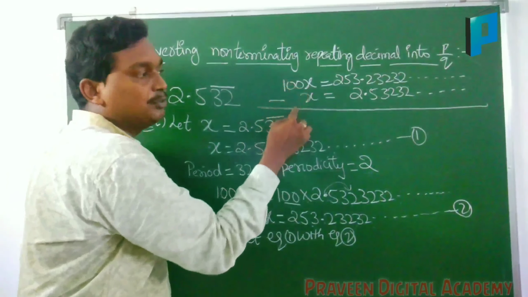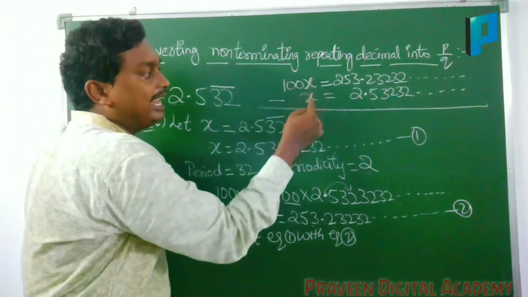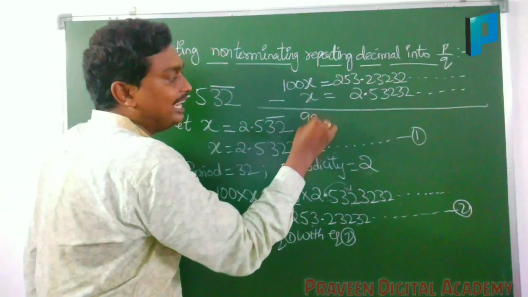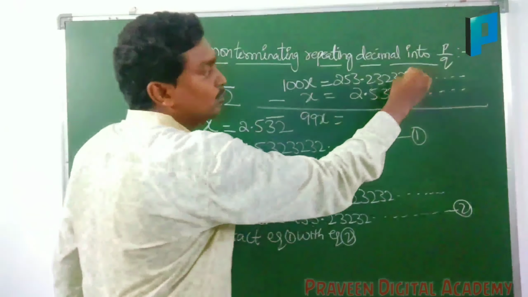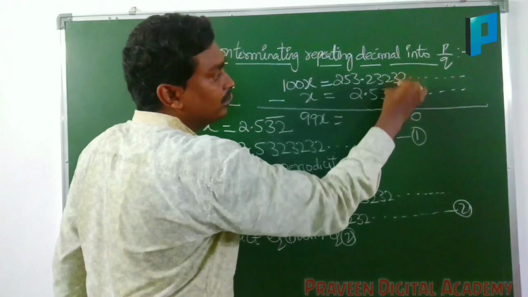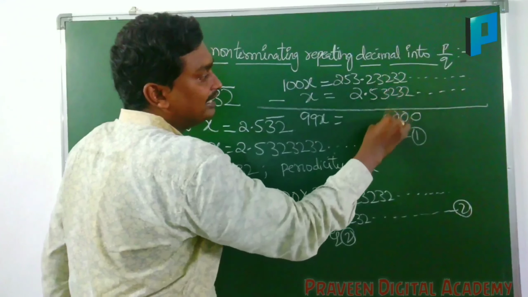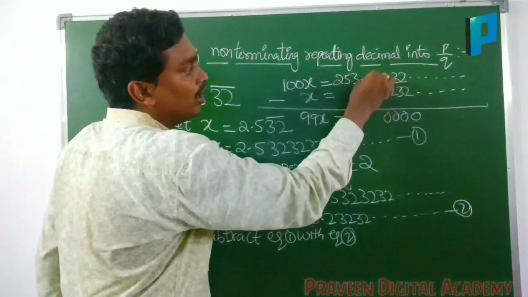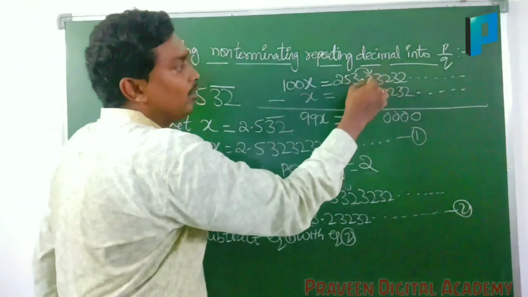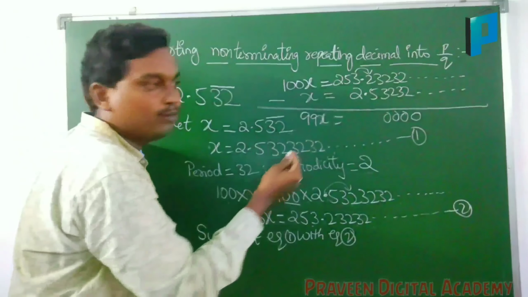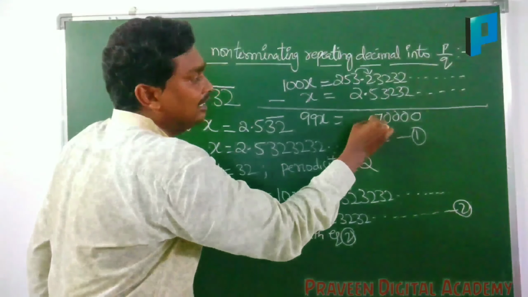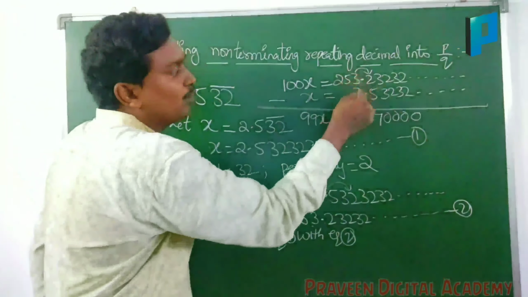Subtract both. 100x minus x is 99x is equal to 2 minus 2, 0. 3 minus 3, 0. 2 minus 2, 0. 3 minus 3, 0. Here you will not get it cancelled, so borrow: 12 minus 5 is 7. 2 minus 2 is 0, and then 25.